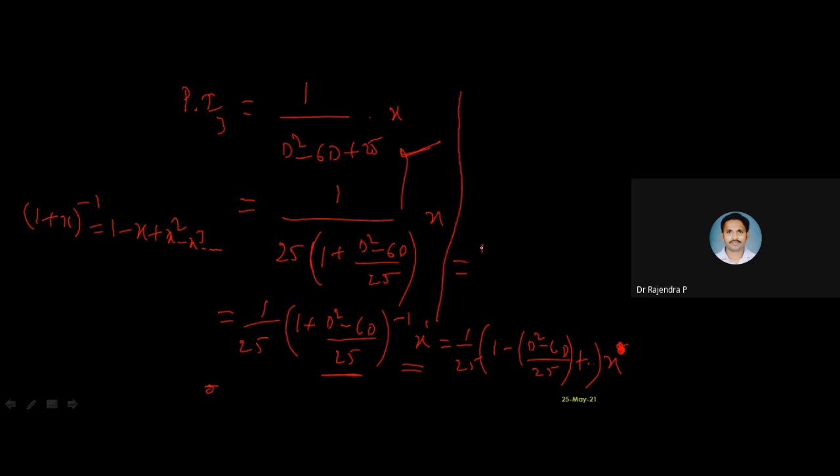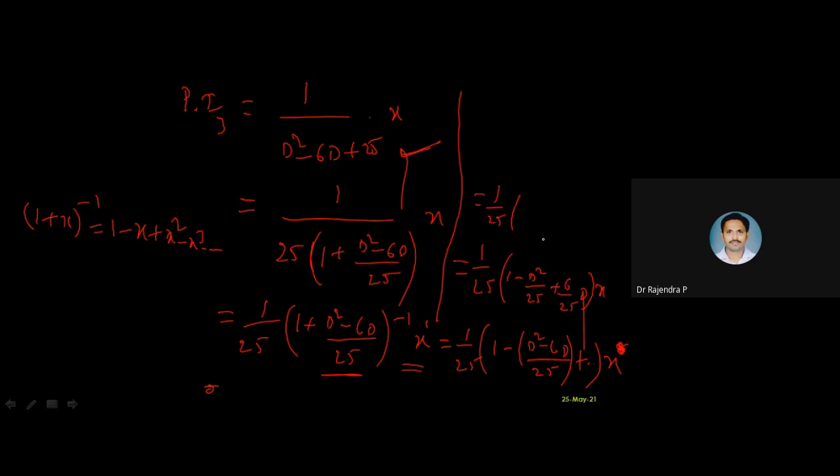Check it. 1 by 25. 1 minus d square by 25 plus 6 by 25 into d, bracket of x. That is equal to 1 by 25.